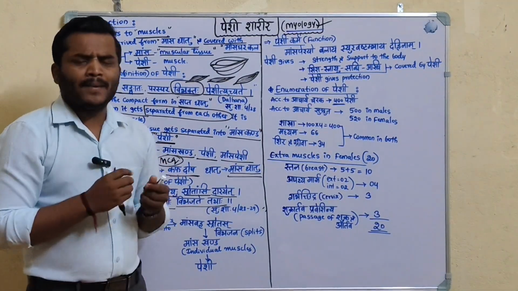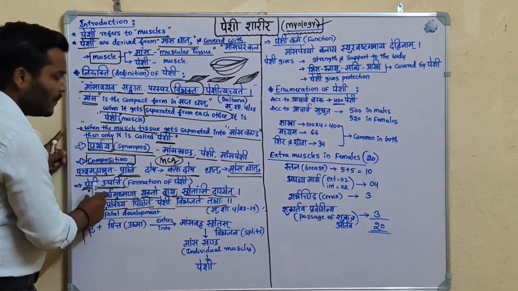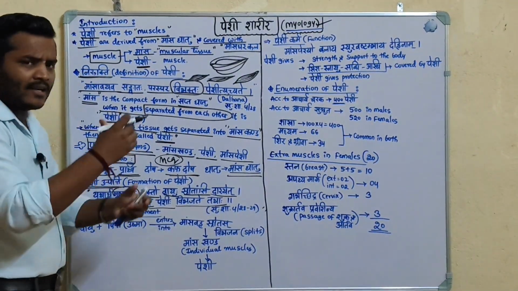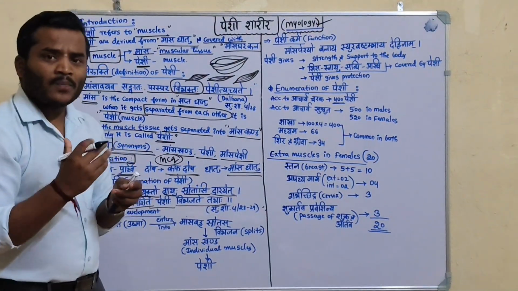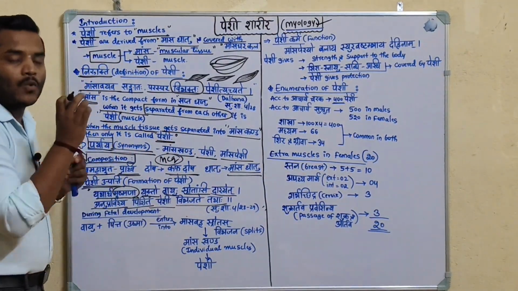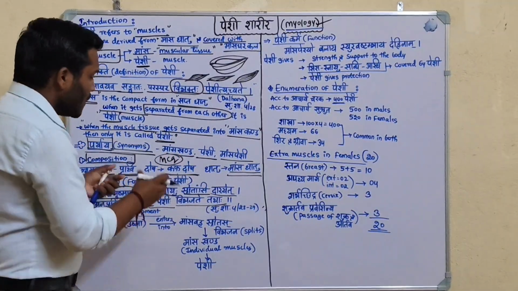This shloka explains that Ushmana here refers to Pitta dosha, and Vayu refers to the Vata dosha.